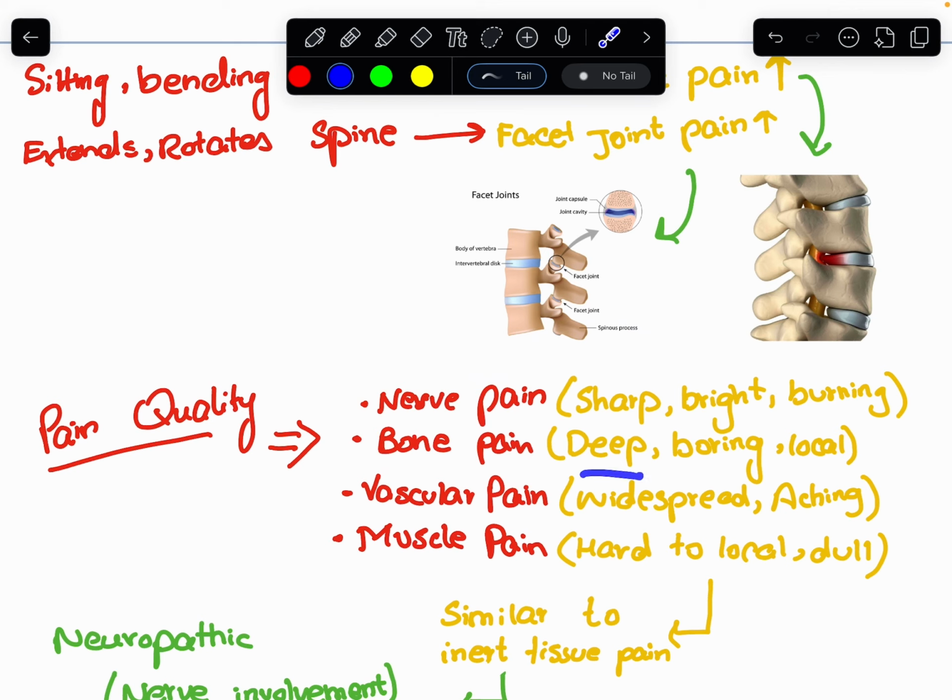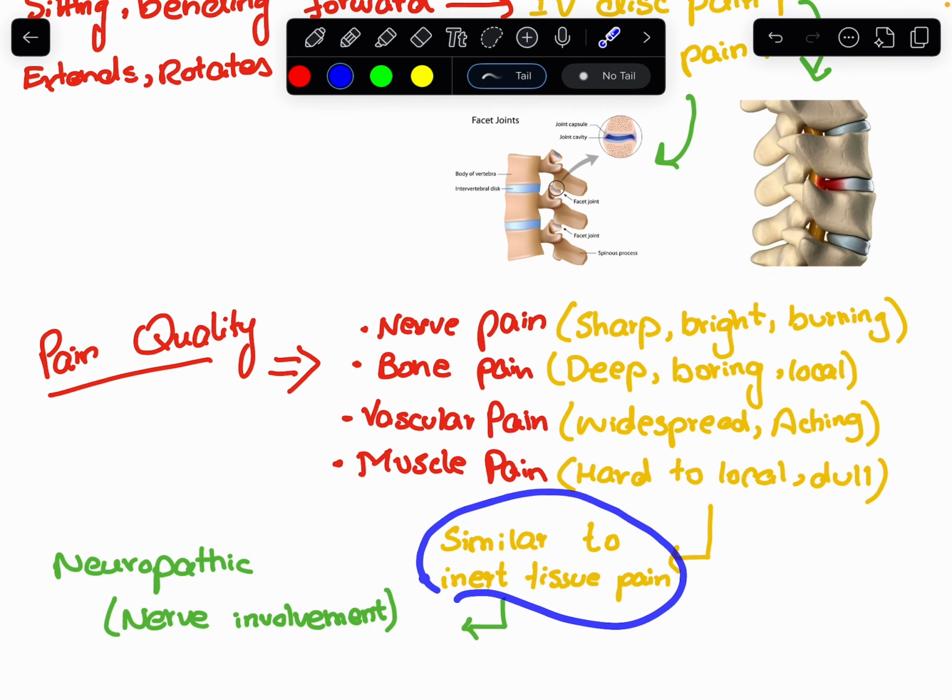If there is a deep, boring, or a localized form of pain, then the pain could be bone pain. If the pain is spreading and aching, it could be vessels involvement, blood vessels involvement. Or if the pain is hard to localize and it is dull and it is similar to an inert tissue pain, it could mean that that is a muscle pain, okay?